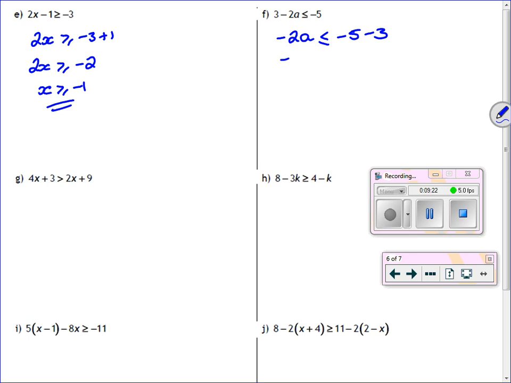So that gives me minus 2a is less than or equal to minus 8. And again, I'm dividing by a negative number because it's a minus 2 attached to the a. So dividing by the negative 2, we get a, and we flip the symbol round. So a is going to be greater than or equal to minus 8 divided by minus 2, which is 4.